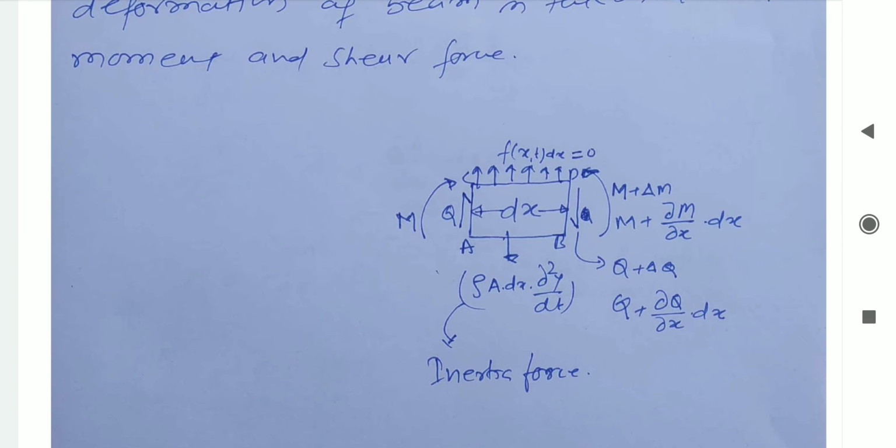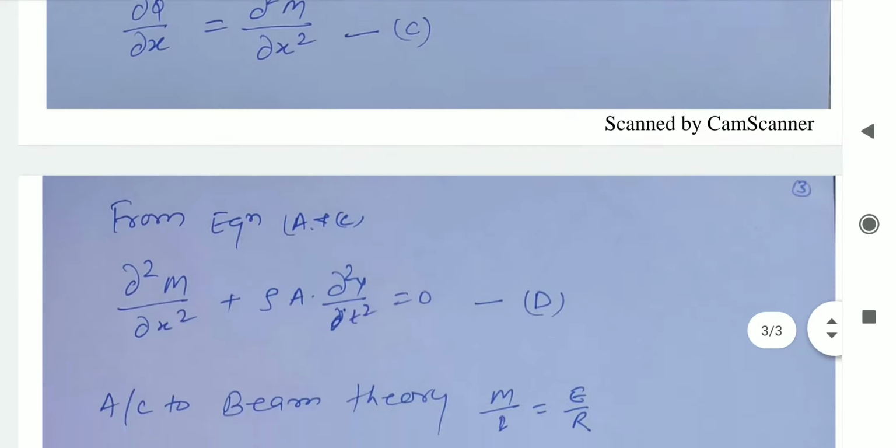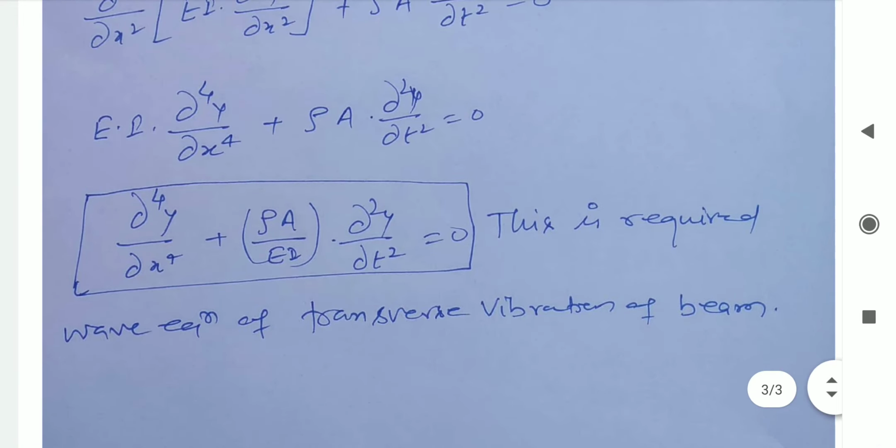In this case no external force is acting, but suppose an external force is also acting, then the equation becomes ∂⁴y/∂x⁴ plus rho A upon EI into ∂²y/∂t² equal to the force acting, that is the external force F(x,t). Correspondingly you should derive that equation.